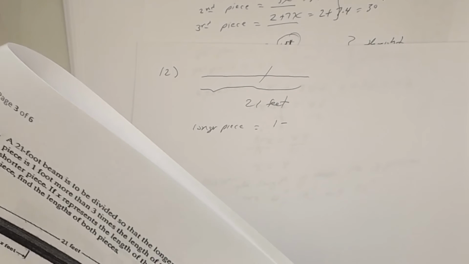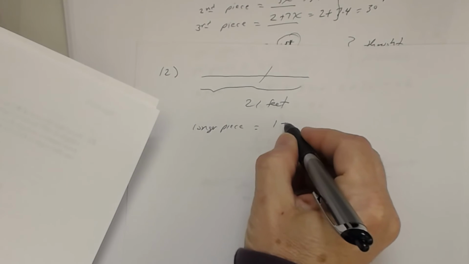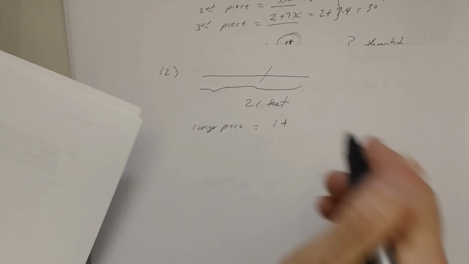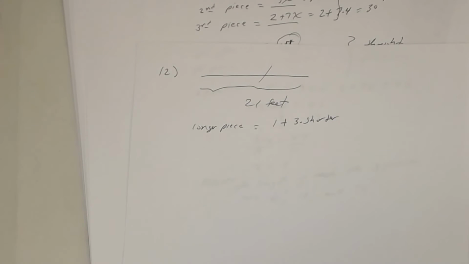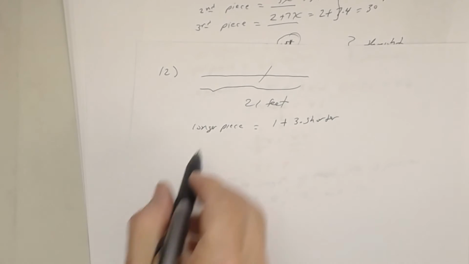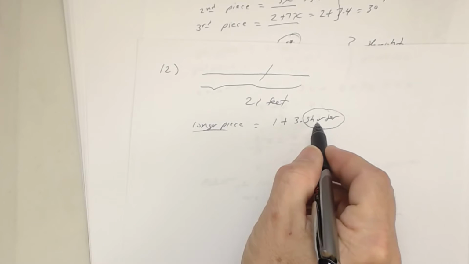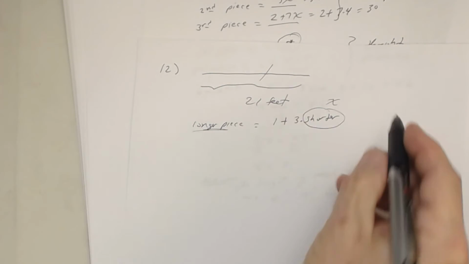So 1 foot more than means 1 plus. 3 times the length of the shorter, so 3 times shorter. Now do you see why you can let x be the shorter? Because you have the longer piece here, and then the shorter is on the other side, so that's going to be x. So that's your thought process right here.